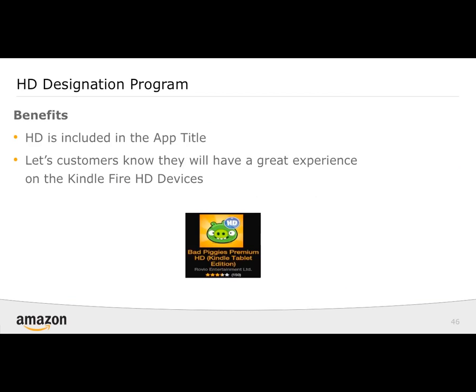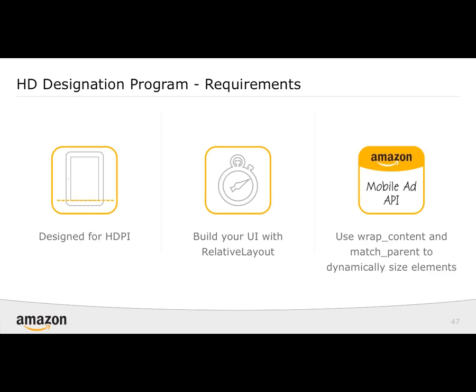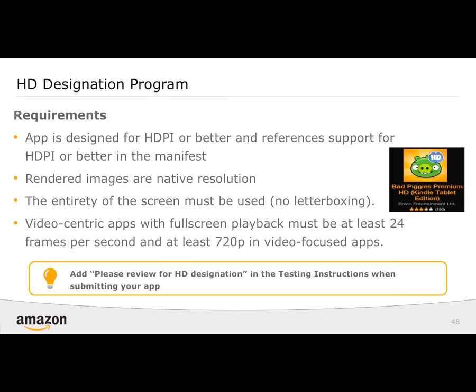We have an HD designation program that lets you have an HD badge in the store. Again, it's a great way to differentiate your app from the others, and it's pretty easy to get. Make sure you design for HDPI or TVDPI, depending on how picky your app is on precise pixel location. Build it with relative layout, and make sure that the ads fill the appropriate width of the screen.